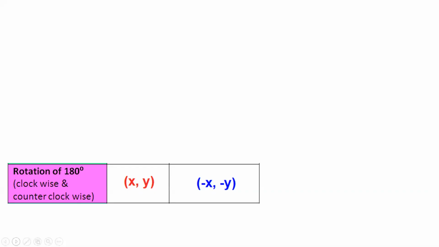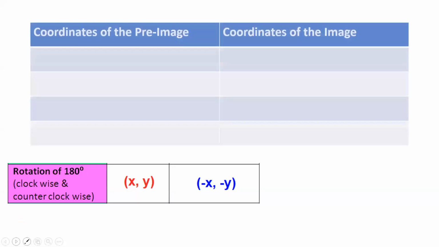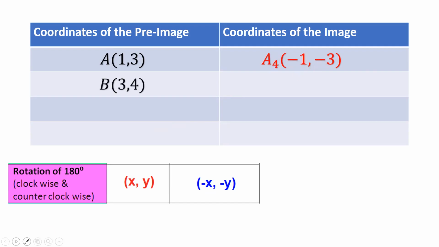If we look at the coordinates of our pre-image for A, it was 1, 3, and the coordinates of A4 are negative 1, negative 3, so we negate them. For B, the pre-image is 3, 4, and for B4, it's negative 3, negative 4, so just negate them.